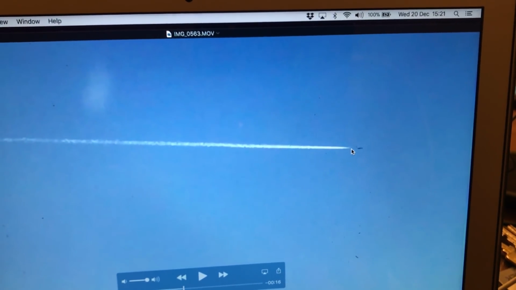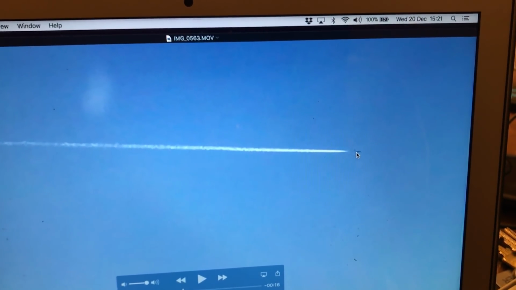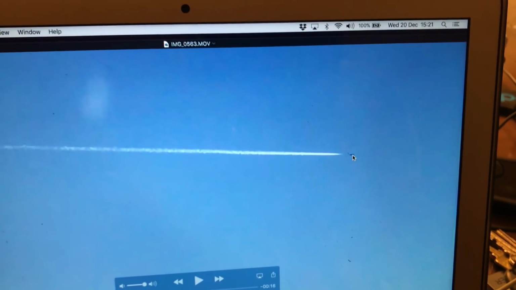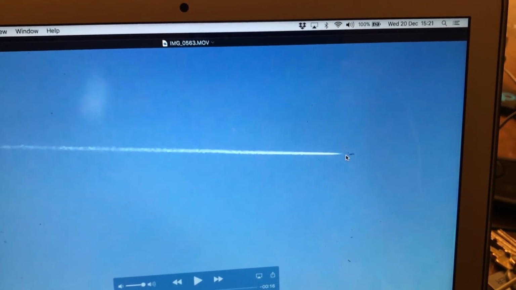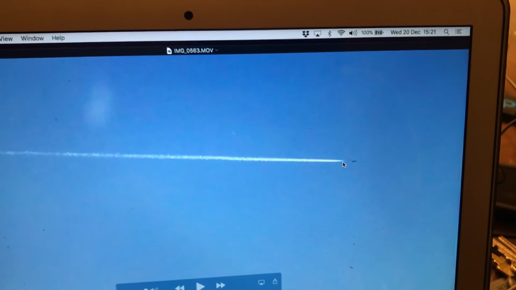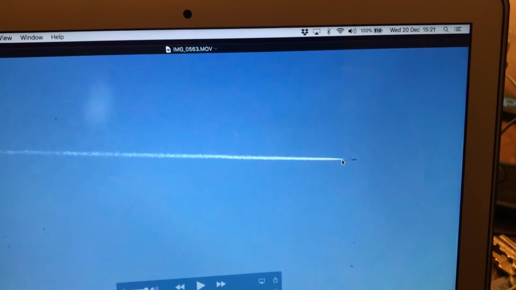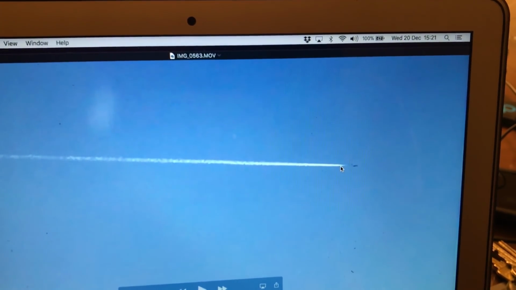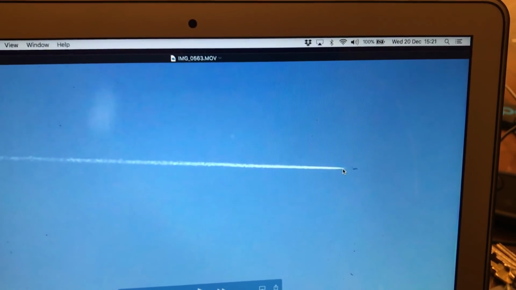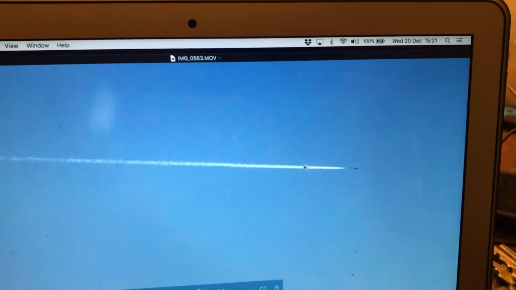You can see it's not actually coming out of the aircraft as a visible trail. It's only when the hot air coming out of the jet engine meets the sub-zero temperatures of the high altitude that the water vapor changes to ice crystals, and that is what we are seeing here.